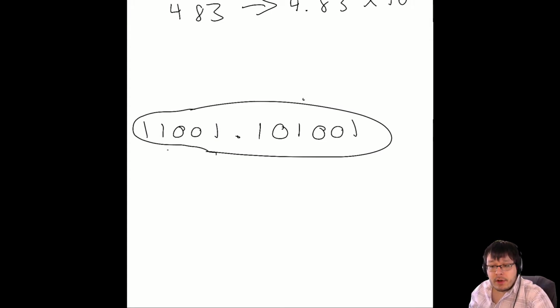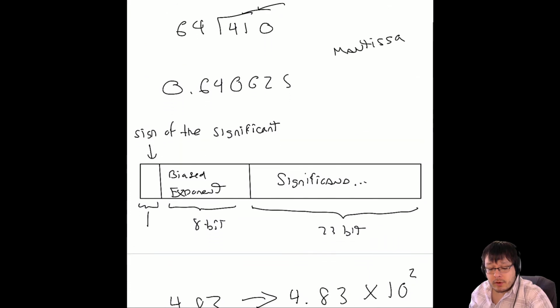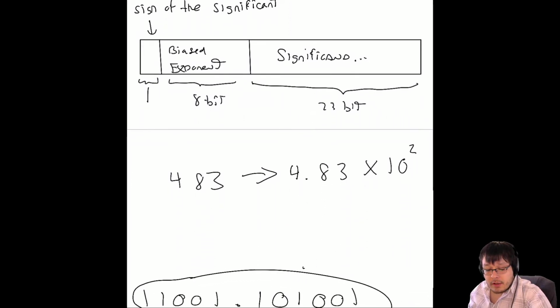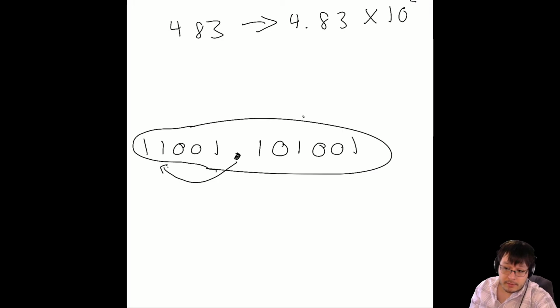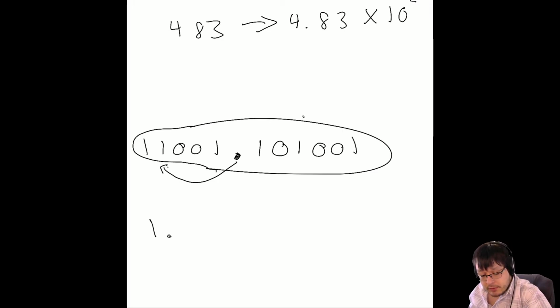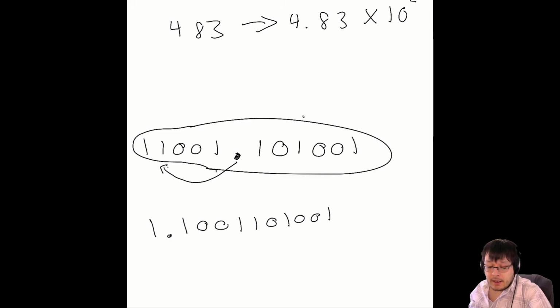So the way you're going to store this in your floating point notation is you're going to convert it into scientific notation by moving the dot to the left until you get to the first significant value. So it becomes 1.1001101001 like that.